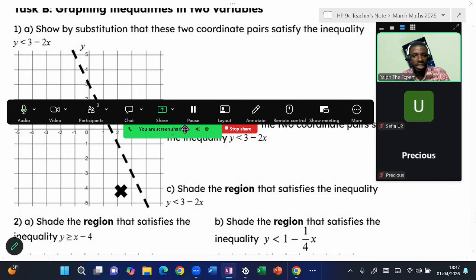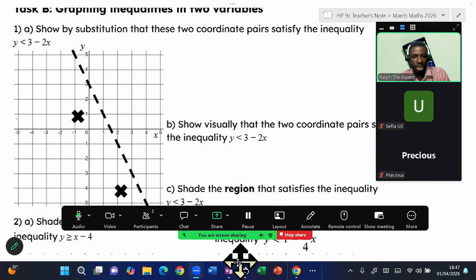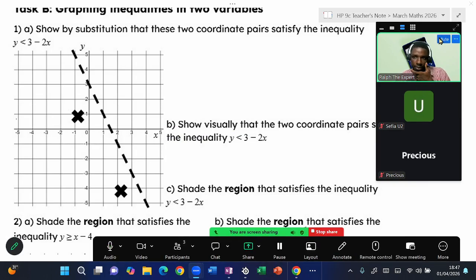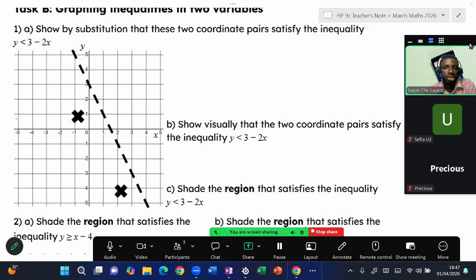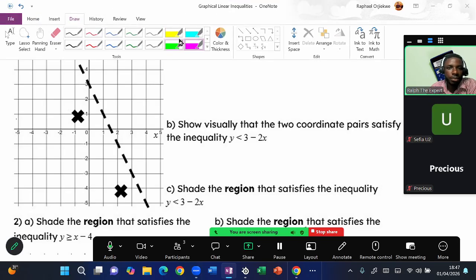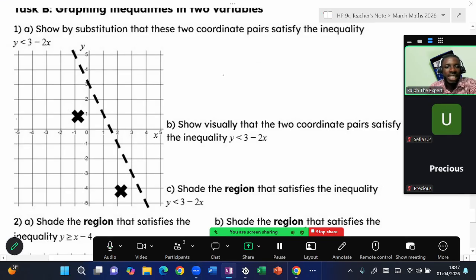So let's see how we can answer all of these quickly. It's a great one. So we have the first one. So this is two variables. Show by substitution that these two coordinate pairs satisfy the inequality.